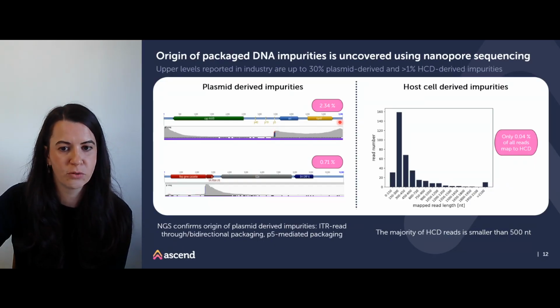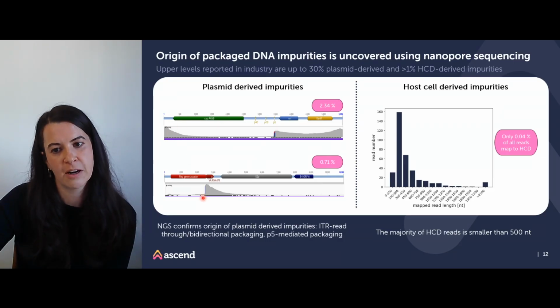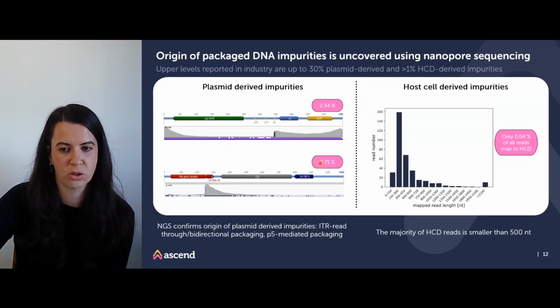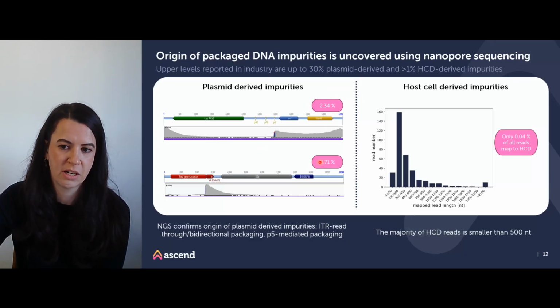In the upper graph, we also see ITR reverse packaging or bidirectional packaging, and in the helper plasmid graph, we only detect the P5-mediated reverse packaging in this area. Both graphs, just to zoom in, show very low levels of impurity and are not quantitative.